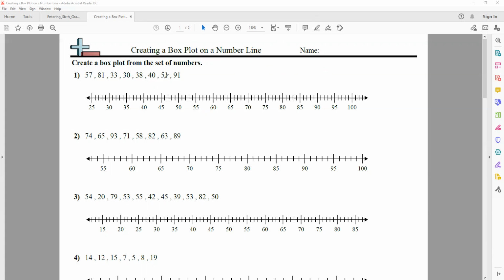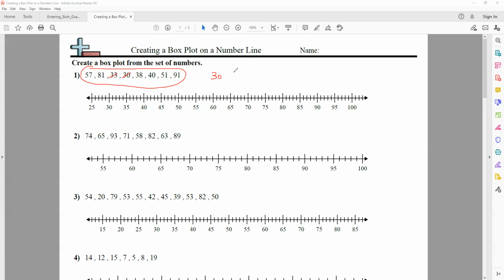Now first you need to rearrange this in order, from the smallest to the largest. So 30, you see how 30 is the smallest, right? Usually when you write that down, you just cross them out.